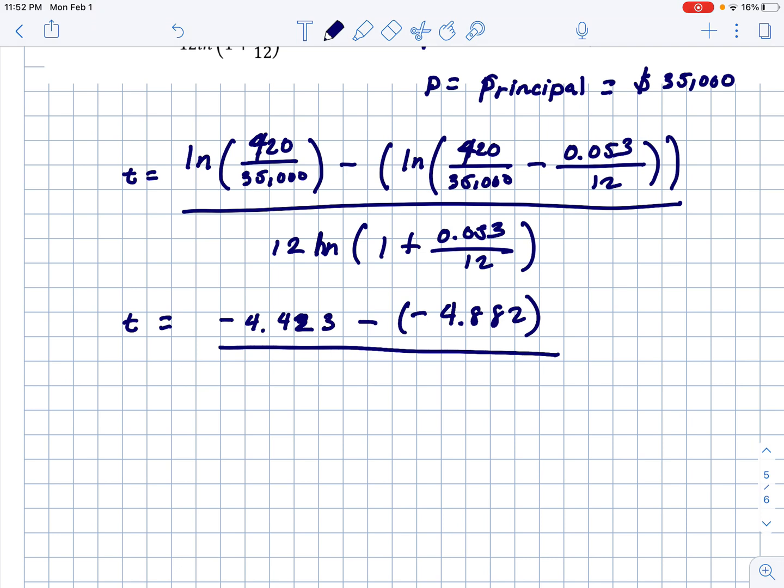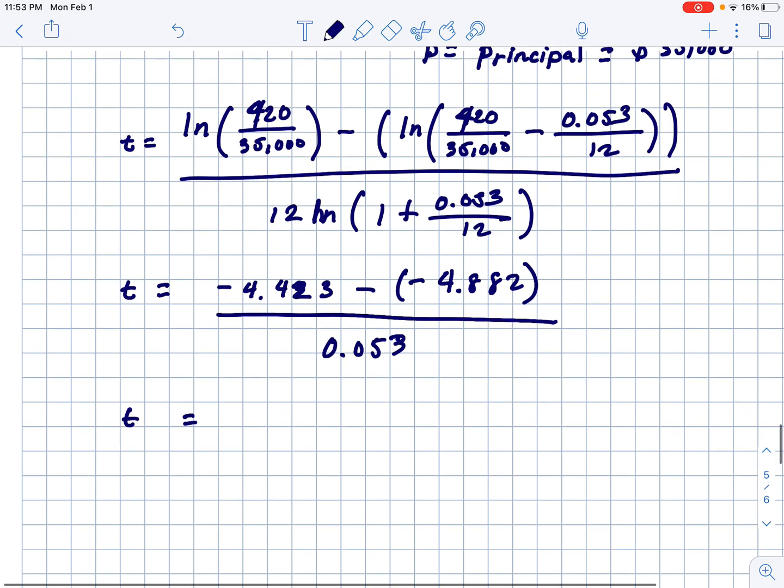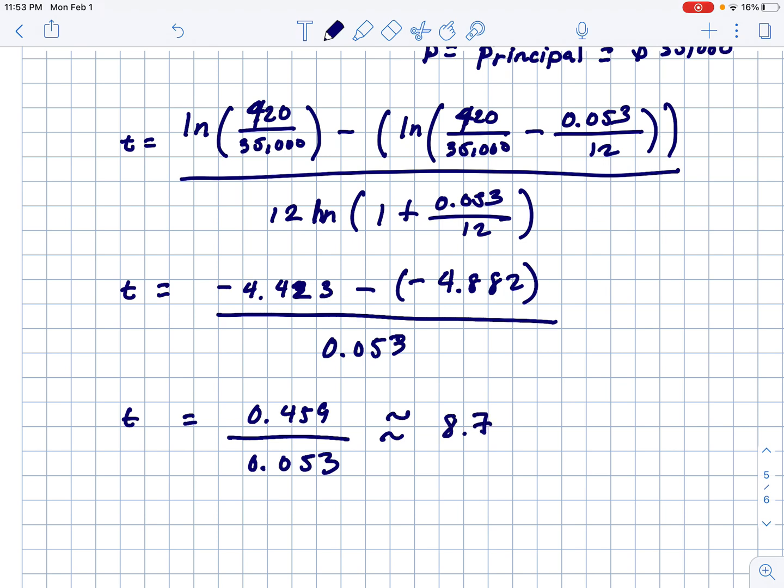This entire thing down there is 0.053. So we're in our last part. Got a negative 4.423 plus 4.882. This is 0.459 divided by 0.053. Okay. And that gives us 8.7 years.